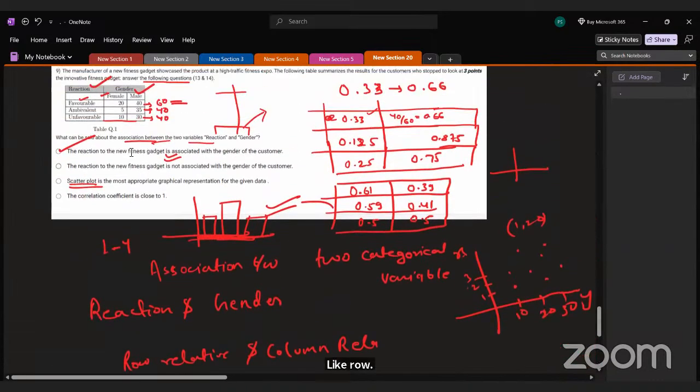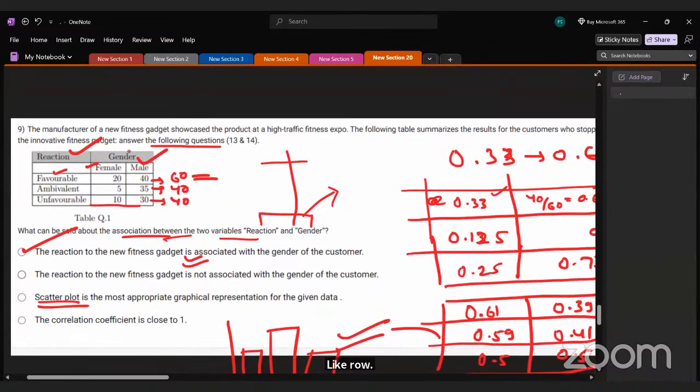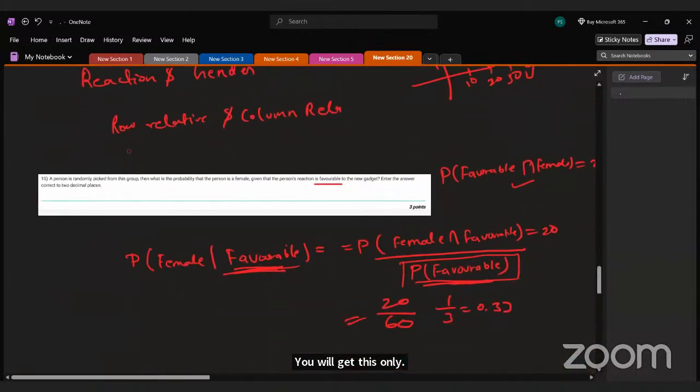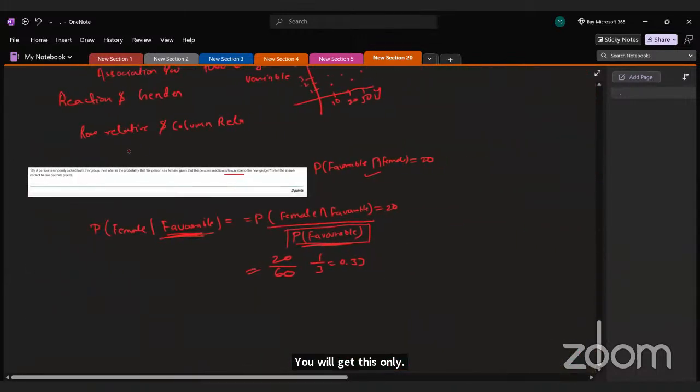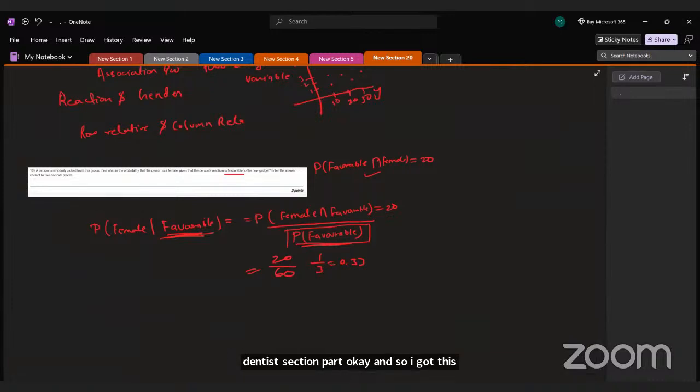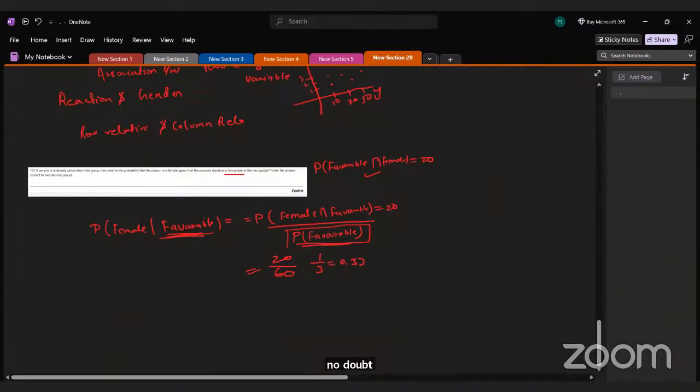If it is favorable, then it is female too. We will get this only, the intersection part. Okay, got this? Yes, sir. No doubts till now, na? Yes, sir. No doubts. You can proceed.